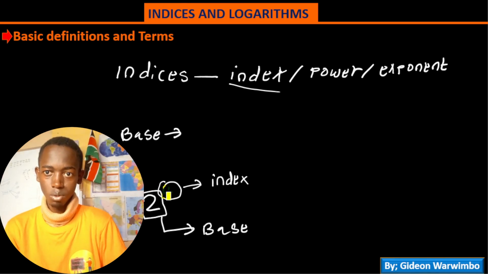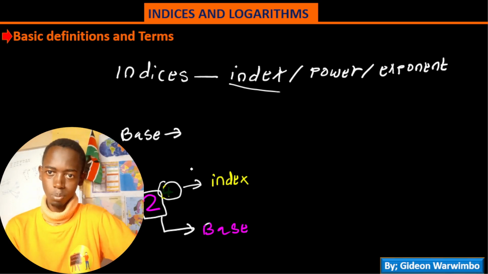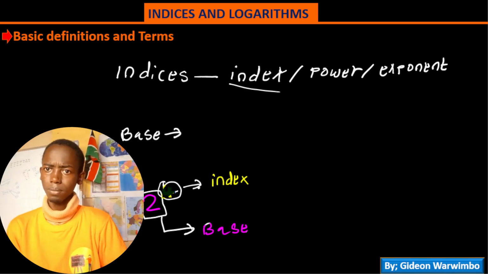This what we have right here, that is 4, is what we call the index, but this other one, the bigger number, is what we usually call the base. These are terms that you are going to use quite often in this topic, and it's very important that you first understand how they come into play before we move on. In other terms, the base is at the foundation of the exponent.